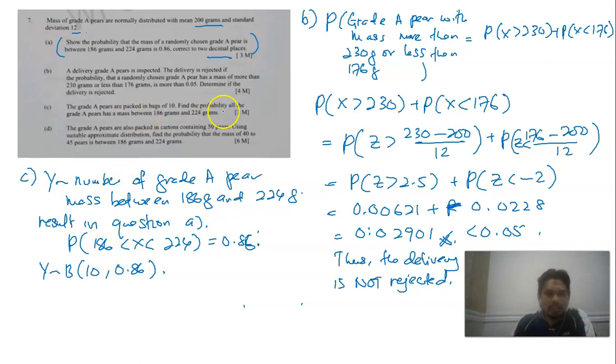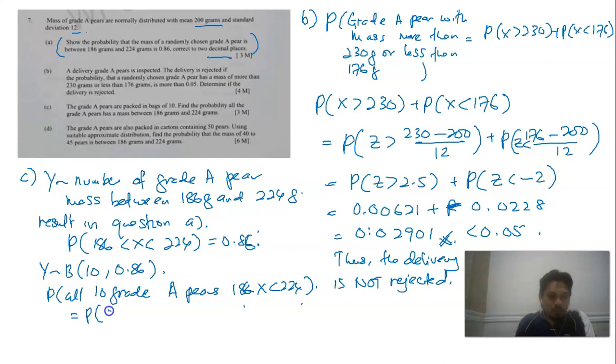So find the probability that all the grade A pears have mass between these grams here. Okay, so the probability that all 10 grade A pears have a mass between X 186 and 224, which is the probability of Y equal to 10.